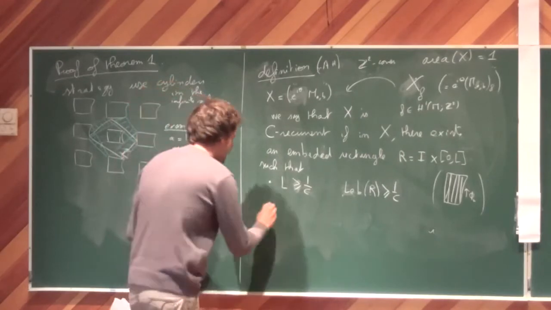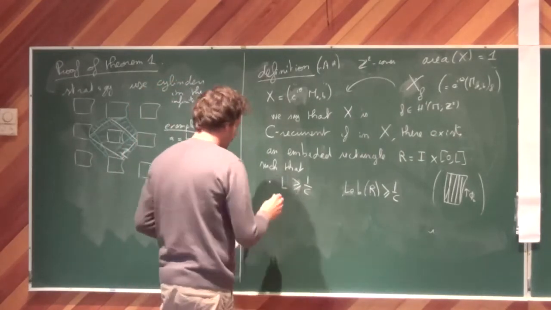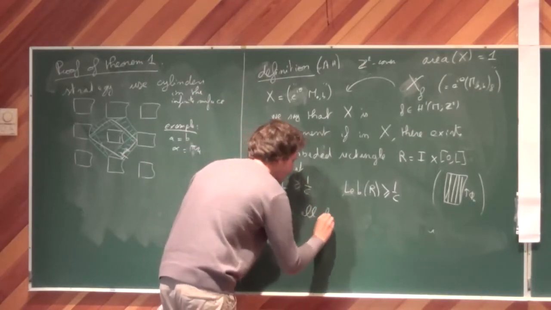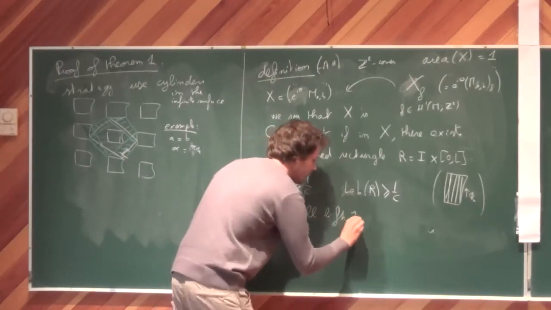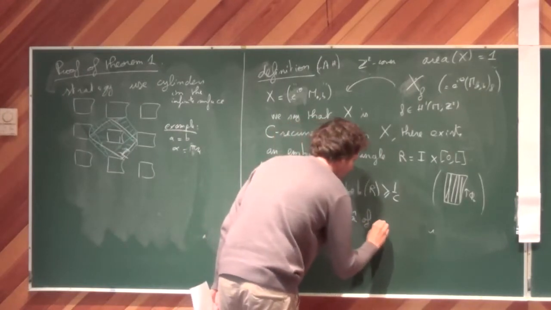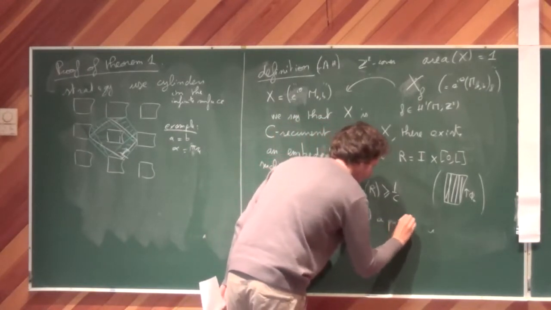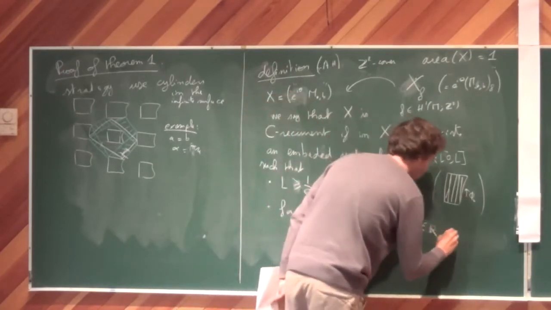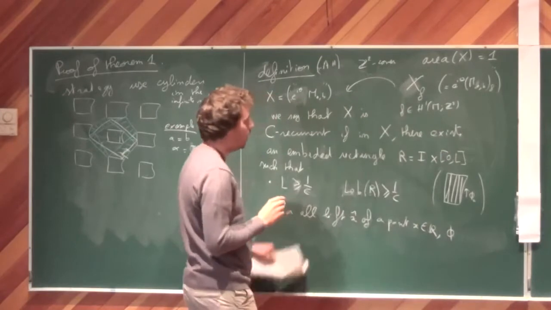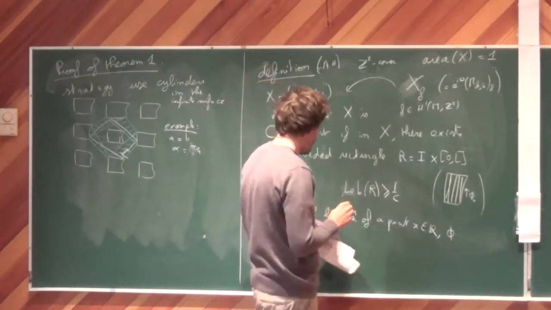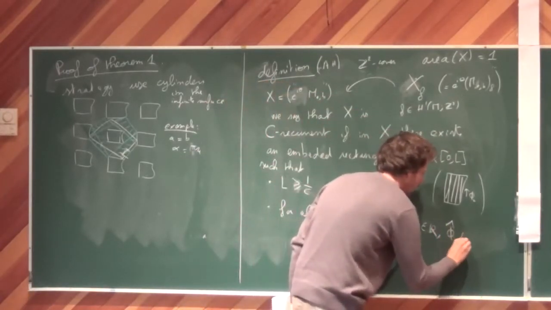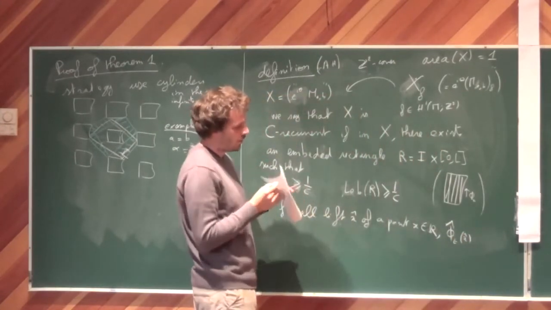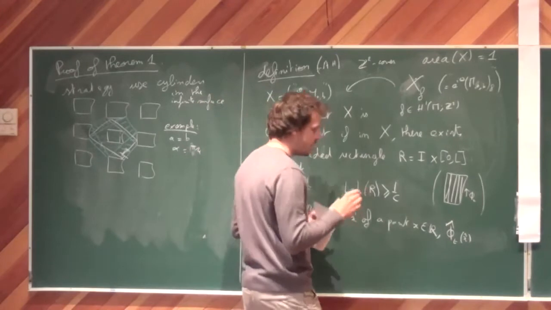And the condition on the lift is: for all lifts x hat of a point x in R, if we look at the flow on the suspension, φ hat_t of x hat, we want that x hat and φ hat_t of x hat belong to the same horizontal lift.